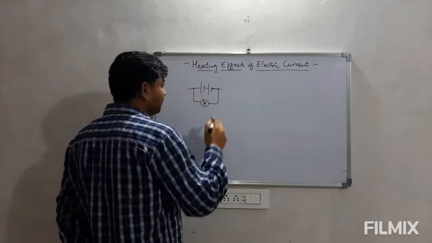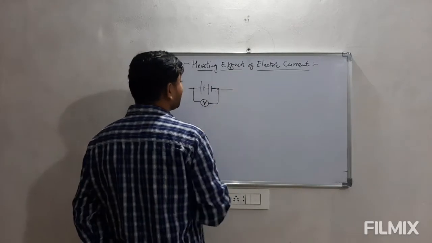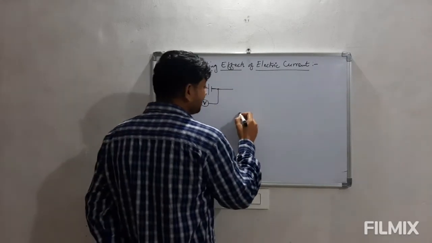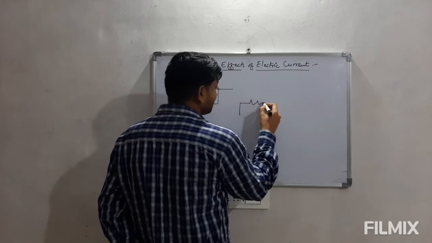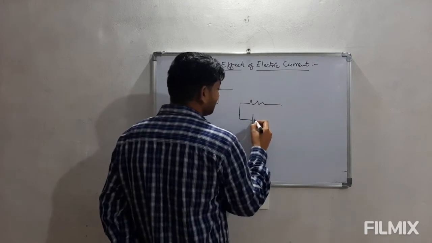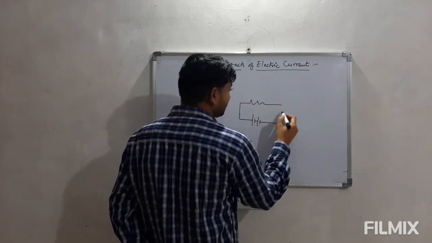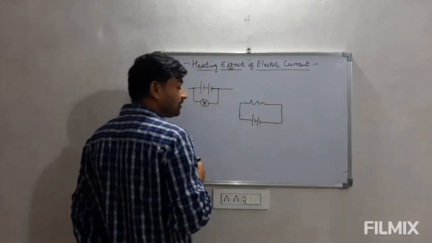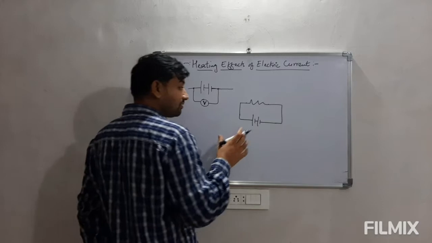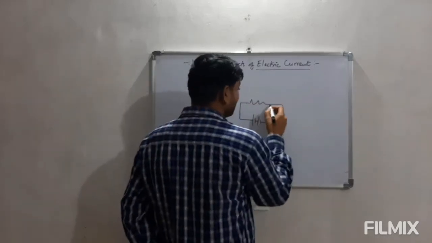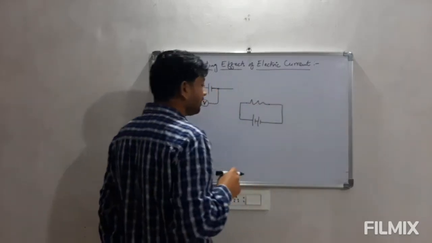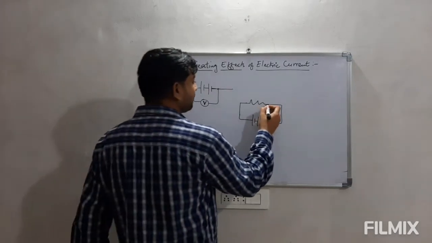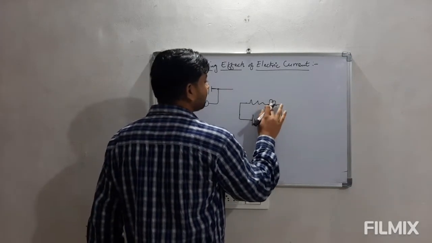Now, whenever any battery is connected to a circuit, energy is produced so as to maintain this potential difference across any conductor we are using here. Suppose it is a resistance or something else, like a bulb or a fan.